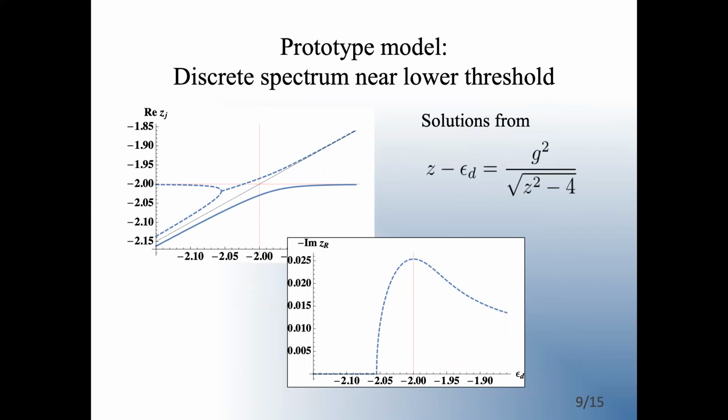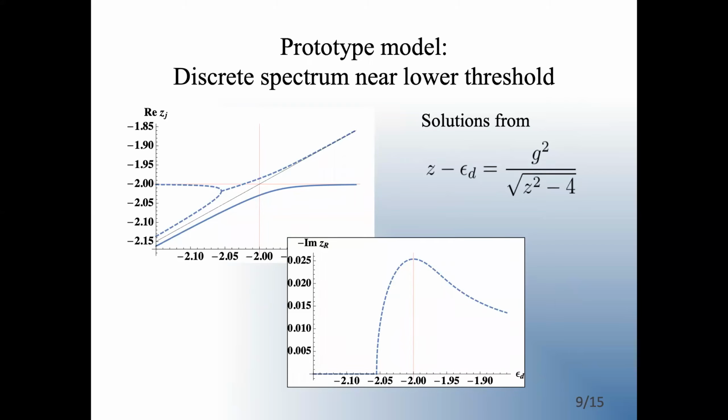Now we look at the discrete spectrum for this model, which is the solutions to the dispersion equation I showed earlier. Here we are plotting the real part and the imaginary part of the solutions to this equation as a function of the parameter epsilon D in the vicinity of the lower threshold at -2.